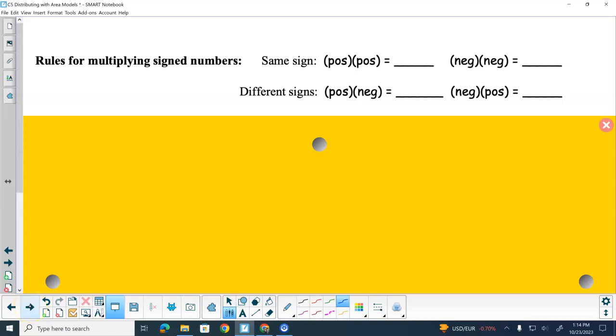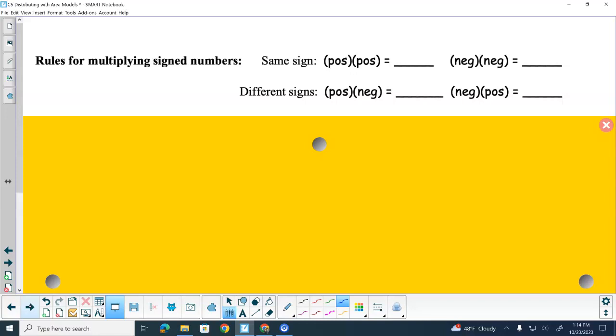Let's talk about multiplication because we just had that one where we multiplied things. If I am multiplying with the same sign, positive times a positive or a negative times a negative, what is my result? Or what is the positivity of my result? Positive times a positive, negative times a negative, same sign. They're both going to end up being the same answer. What do you got, Brady?